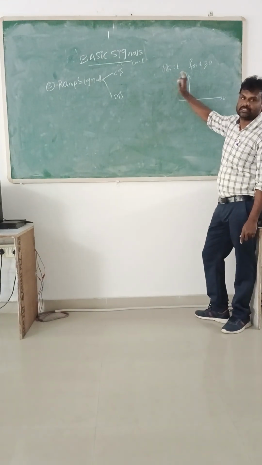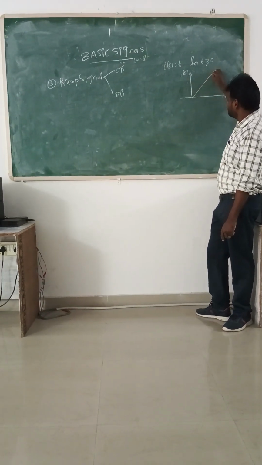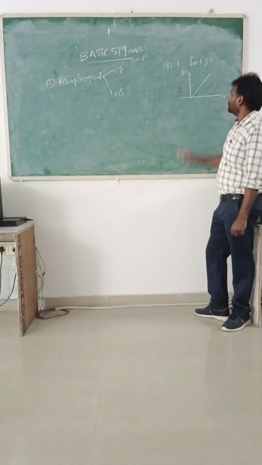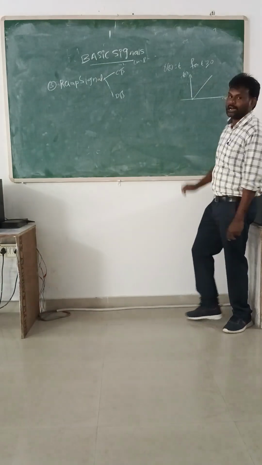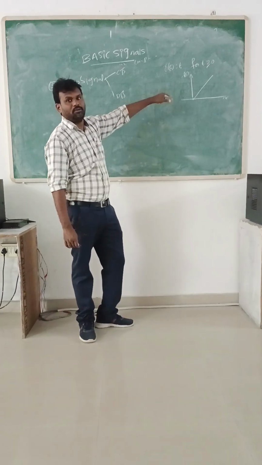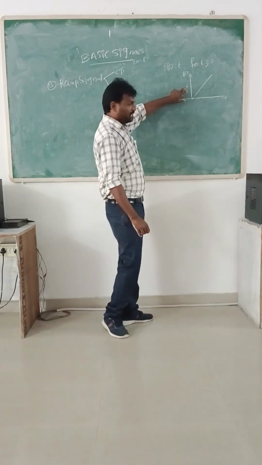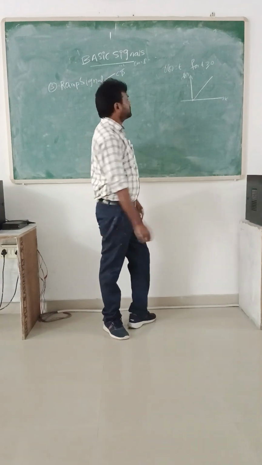That means it is like a straight line from the origin to some certain value. It is called a linear function. So this shape is the ramp continuous time signal. In continuous time we have no particular time instants, it is continuously varying time only. That is called the ramp continuous time signal.